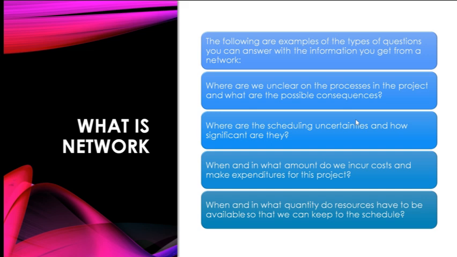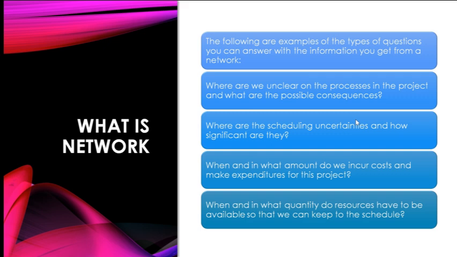When you get a question about a network, I have some questions, and that information I will get from a network. Where are we unclear on the processes in the project, and what are the possible consequences? This information you can get from a network.